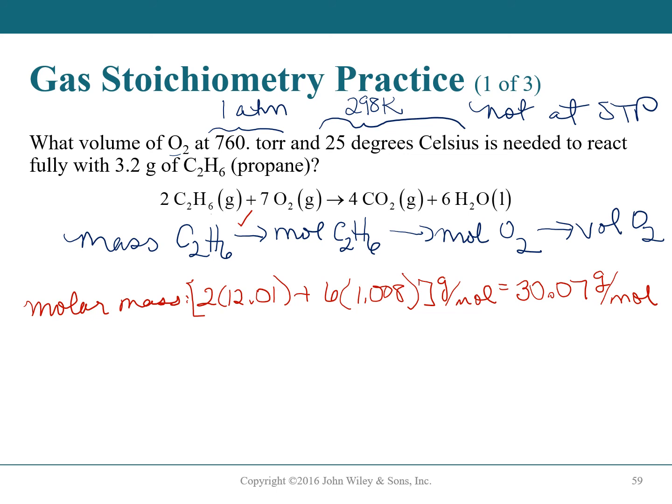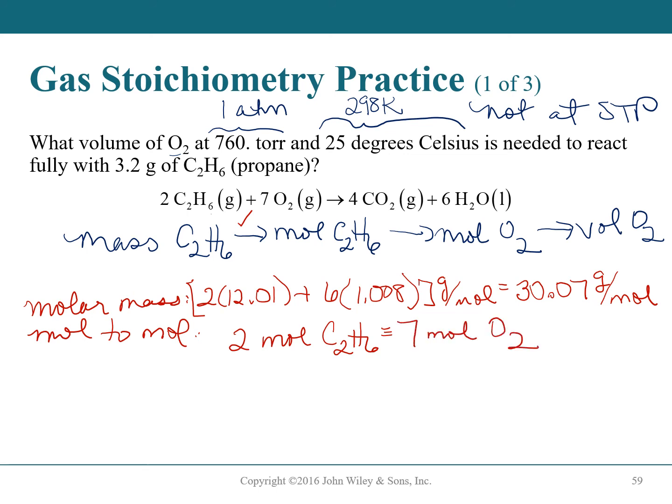The next conversion factor is our mole to mole. We know for every 2 moles of ethane, I need 7 moles of oxygen. So let's go through and get to moles of oxygen.